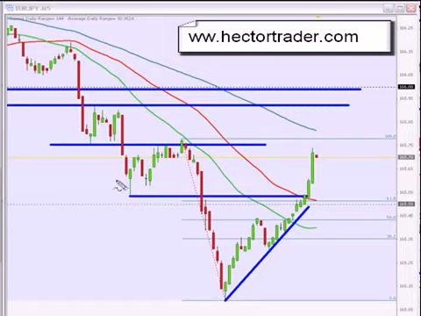Then we retrace back. We find resistance at the previous support level. We break the retracement trend line. We have my typical 1-2-3 formation, breakout, pullback, continuation, which is signified by that green bar down there. And as we made new lows, right there is a valid entry from a technical point of view.